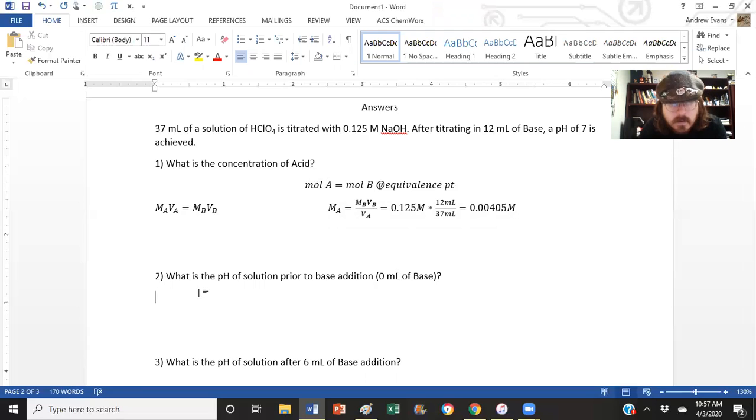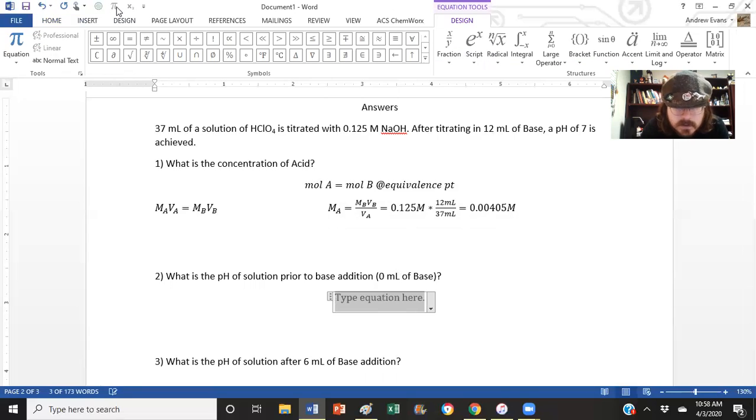Now, because this is a strong acid, there is no Ka expression. We can say that whatever the concentration of HA is will also be equal to the concentration of H plus, or H3O plus, or hydronium. We do not have to write an ice table. It's assumed whatever the HA we have is equal to the H plus that remains.